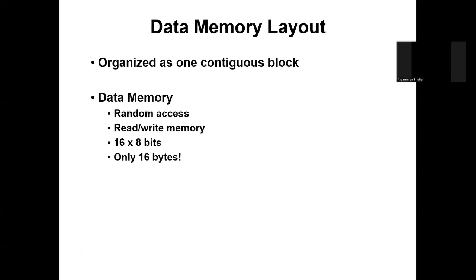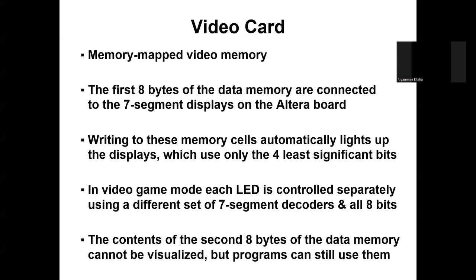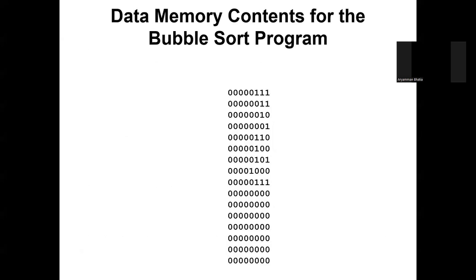Data memory can be both read or written, and it has a read port, a write port, and a write enable port. This is just some specifics of the hardware implementation and the program that they have running as an example on the CPU, which is the bubble sort program.